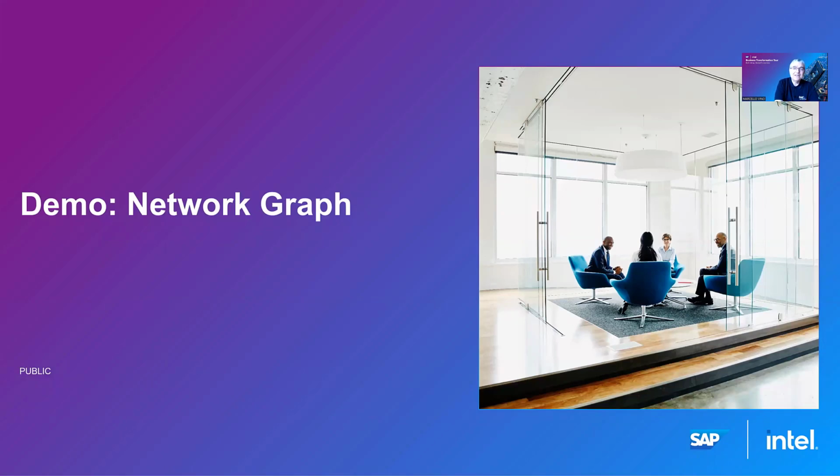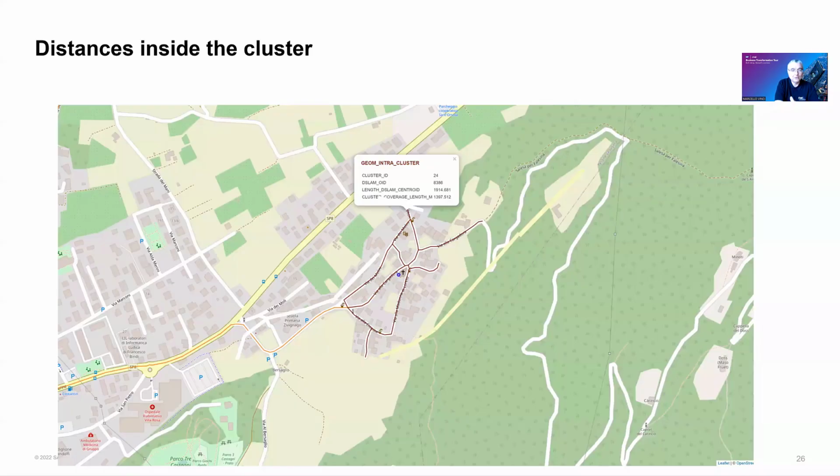The last part of this demo for FTTH planning goes into details on how we build the network graph, because it seems easy, but there is a lot to do. And the granularity of the database is such that you calculate the cluster ID, the distance from the central site where the DSLAM is based, and the coverage length.